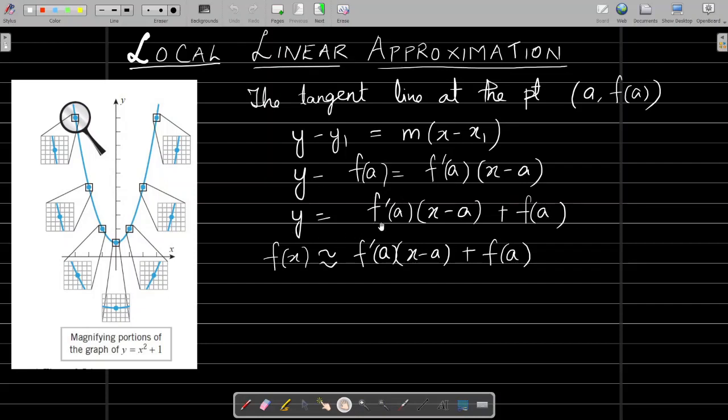So y is equal to f dash of a into x minus a plus f of a. So this f of x can actually be approximated as f dash of a into x minus a plus f of a in a very small neighborhood of the point a. So this is called the local linear approximation of the function.